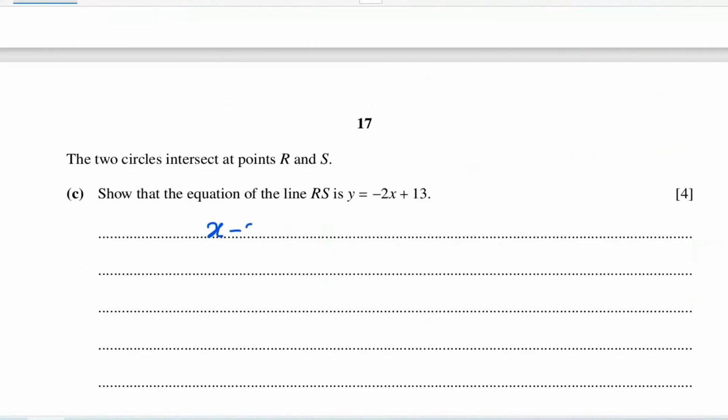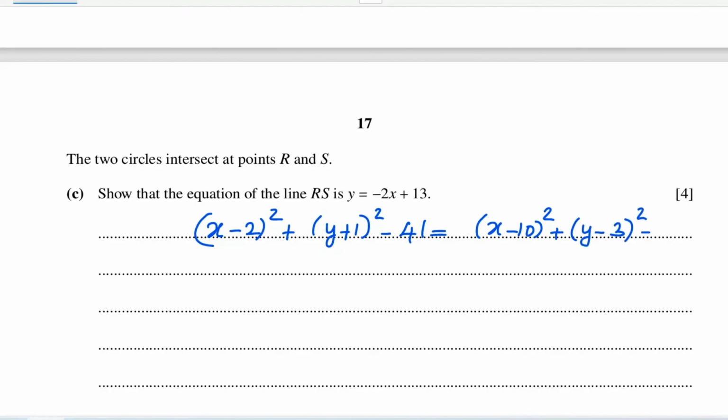So (x minus 2) the whole square plus (y plus 1) the whole square minus 41 equal to (x minus 10) the whole square plus (y minus 3) the whole square minus 41.